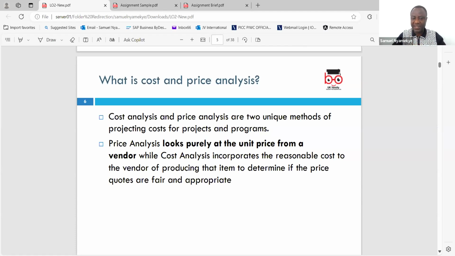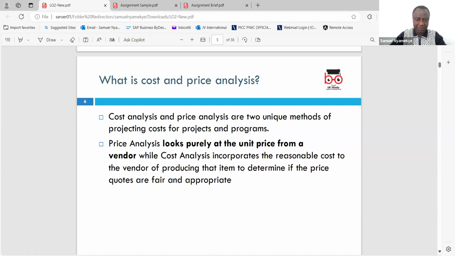Cost analysis incorporates the reasoning for this cost, whether it is fair, whether it is the right price. It incorporates the reasonable cost to the vendor of producing the item, to determine if the price quoted is fair and appropriate. So it takes you a step further.